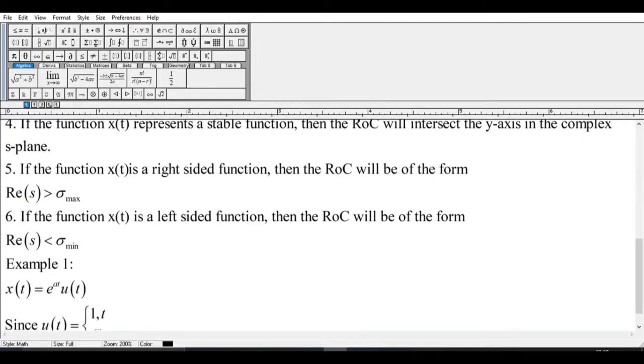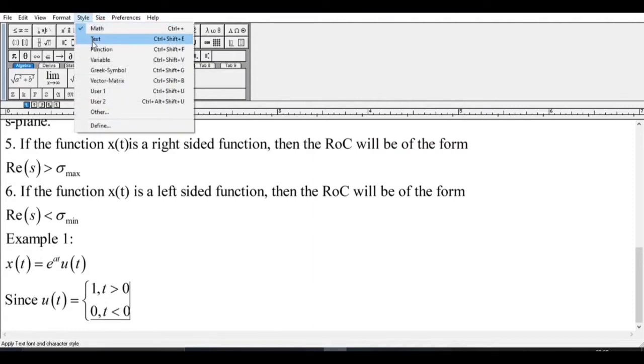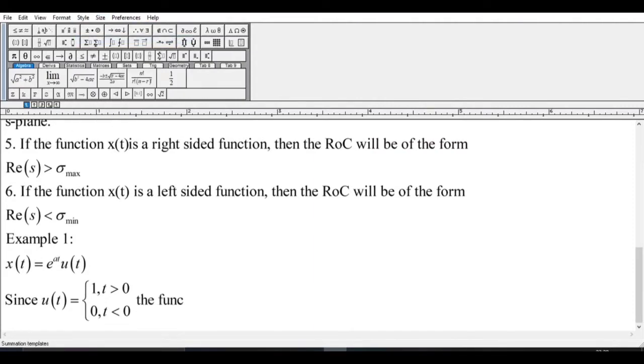Clearly, because u of t is a right-sided sequence, naturally e to the power minus a t u of t will also be a right-sided sequence. So the function x of t will be right-sided.